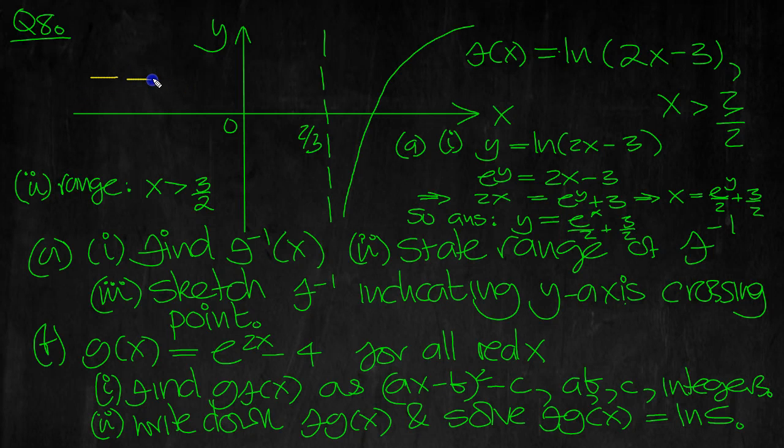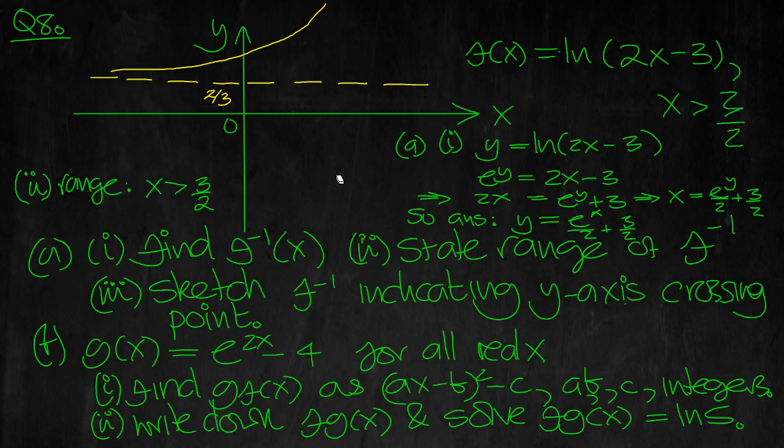It's going to come along here, and that value is the 2/3 value, and the curve will go along here, and it will go up and then just shoot up as the exponential does. And that's our new curve.